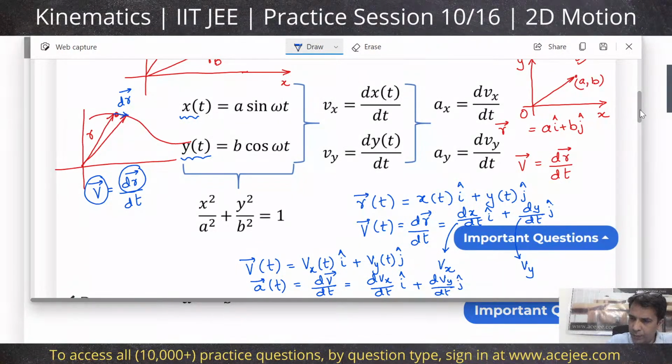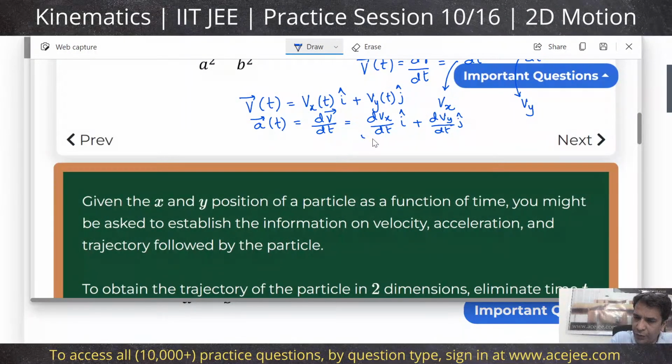So this is what we call the x component of the acceleration. This is what we call the y component of the acceleration vector in the unit vector notation. In the unit vector notation, the coefficient of the i unit vector, the unit vector along the x-axis, is called the x component. So that is ax. The other one is ay.